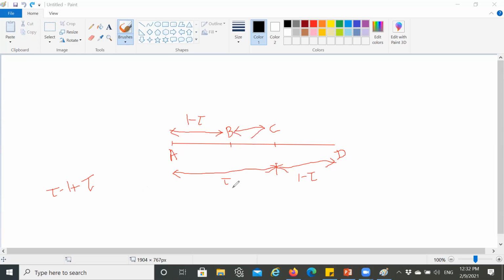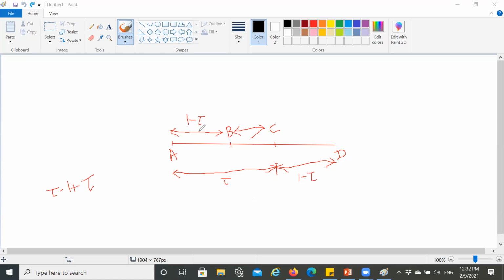So assume I've given you a line of unit length, and I say divide it into two parts, tau and 1 minus tau. Then the longer part, AC, I divide with the same proportion.